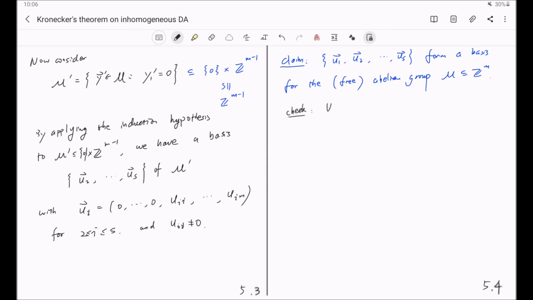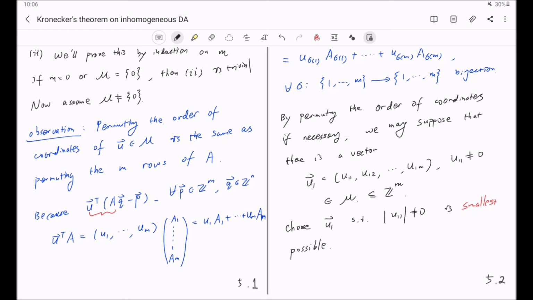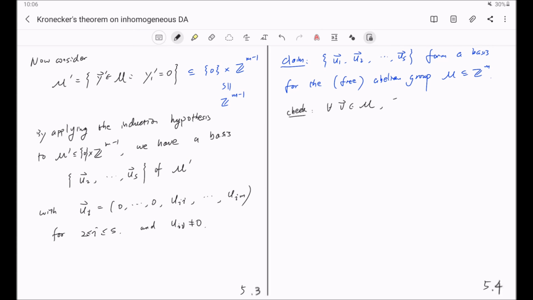First, for any v in M, remember this u1 has its first component non-zero. So there exists an integer a1 such that the absolute value of v1 minus a1 times u11 is strictly less than u11.